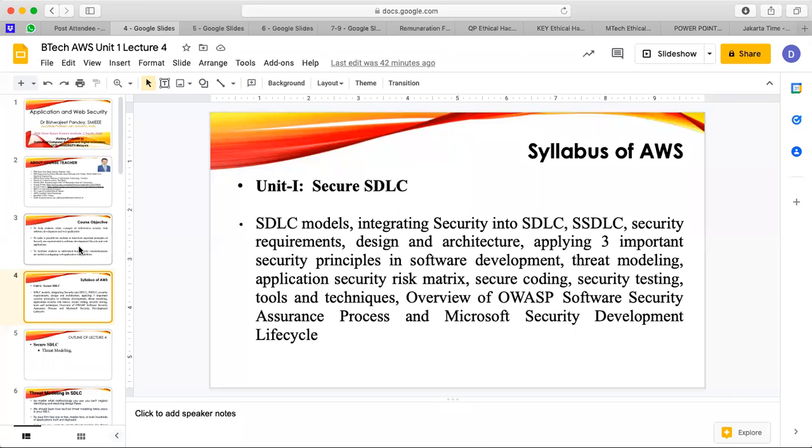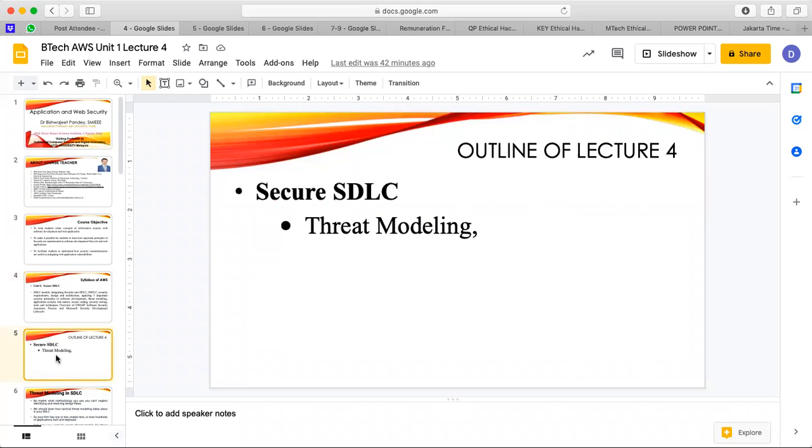Today, I am going to discuss threat modeling. After threat modeling, we shall discuss the application security risk matrix in the next lectures. So this is the topic of today's lecture.